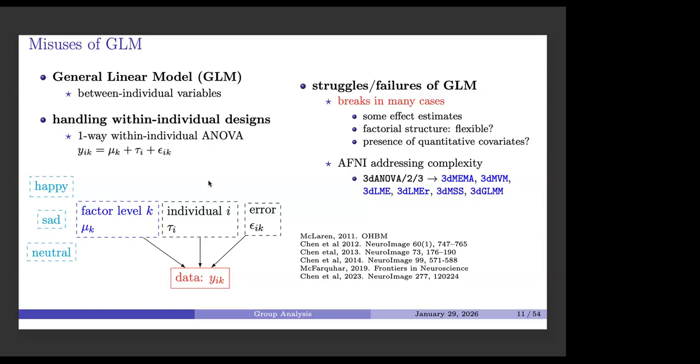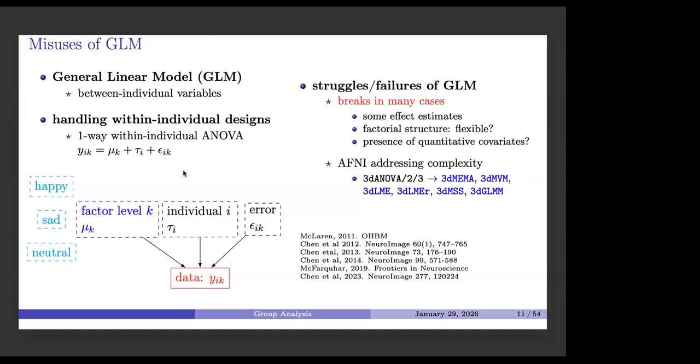A more common problem is the so-called factorial design. That's the popular term. When you have two factors, for example one within-subject factor, and suppose we had another factor, group, like males versus females, controls versus patients, then looking at the group comparison overall is also problematic. Or suppose you have two within-subject factors: emotion, and a categorical variable like image versus sound.